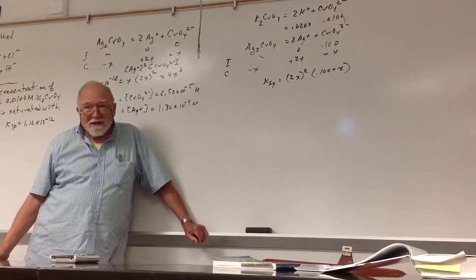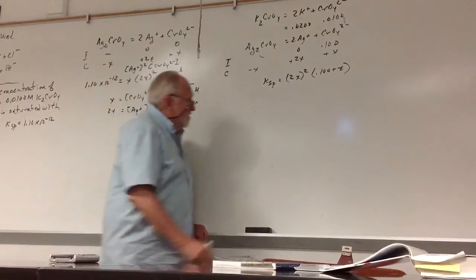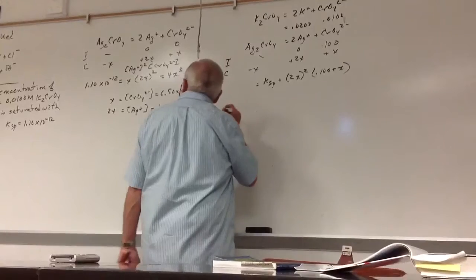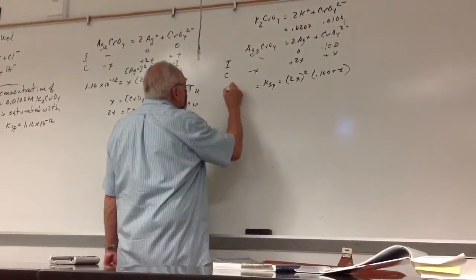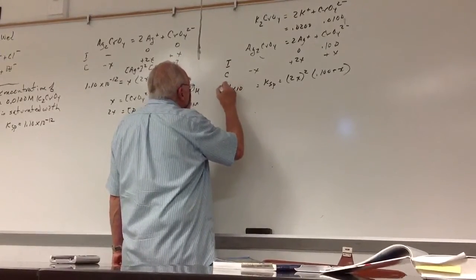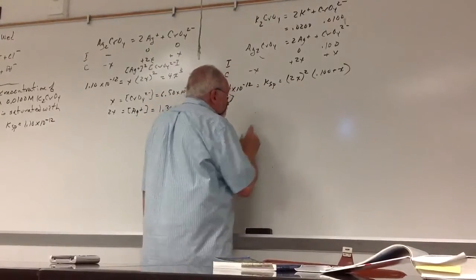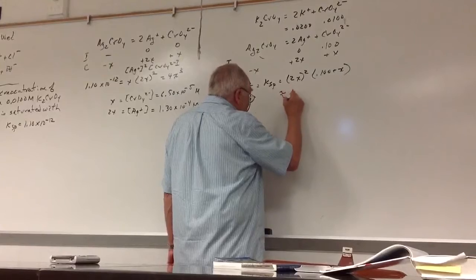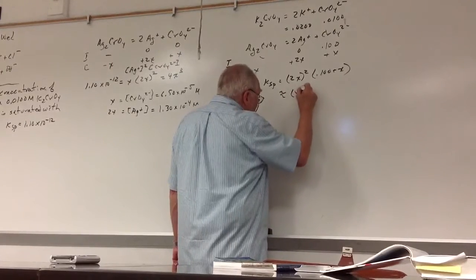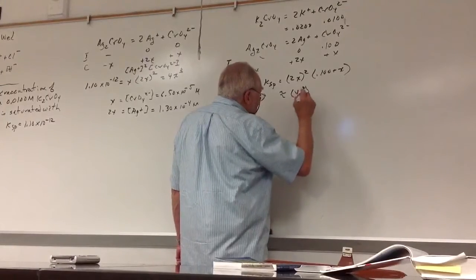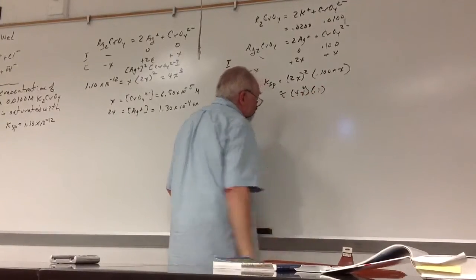We do an approximation. You say x must be small because this number here is 1.1 times 10 to the minus 12. So x is probably pretty small. So I'm going to say it's approximately equal to 4x squared. I don't want to put it outside the parentheses because I already squared the number. 0.1.